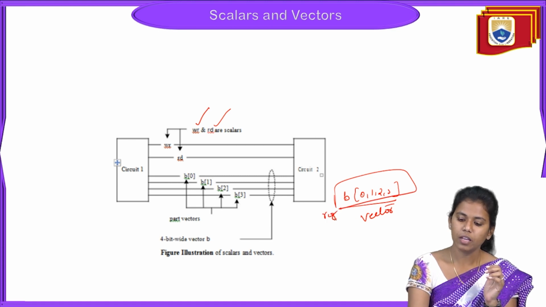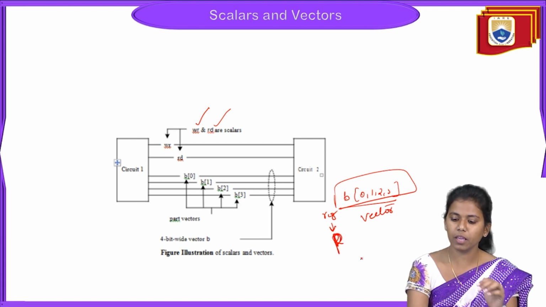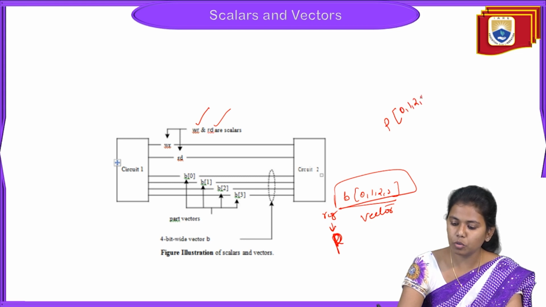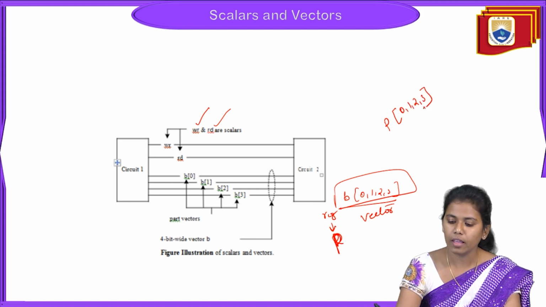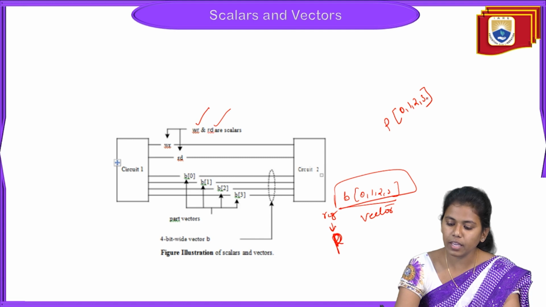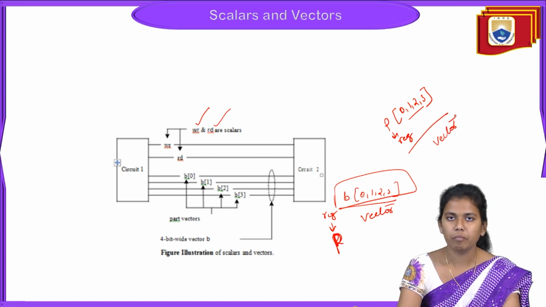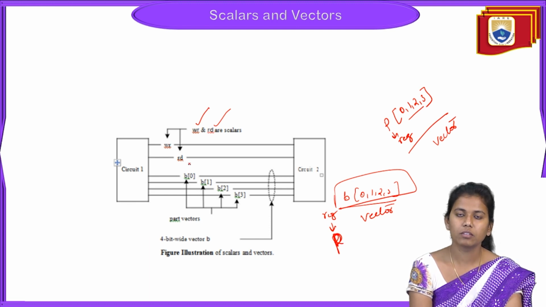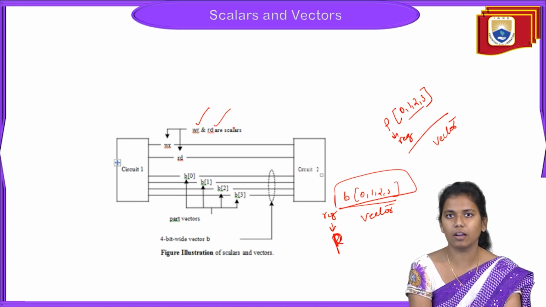For example, I am naming this particular register as P. This register consists of bits 0, 1, 2 and 3, which are the bits present in the register. So I am calling this a vector. But if you see individually, there is a read and a write, so I am calling those scalars.